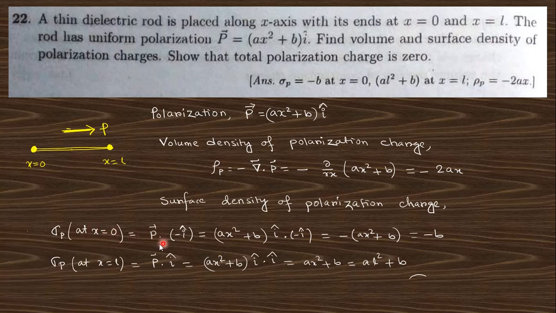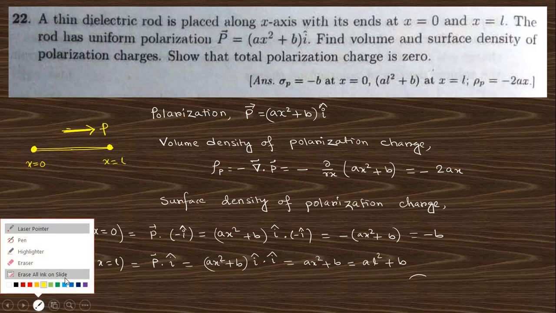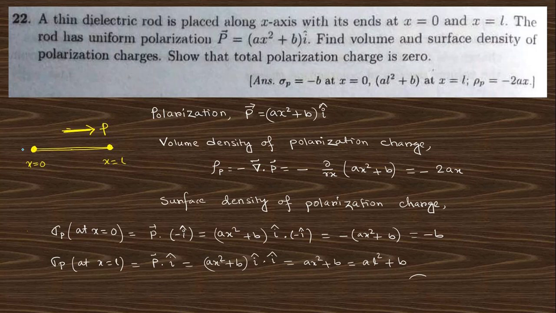So at x equal to 0, the surface direction will be minus i cap, and at the other end the surface direction will be plus i cap. That's why at x equal to 0, P dot n cap is P dot minus i cap, you will get this, and putting in the value x equal to 0, you will get minus b.